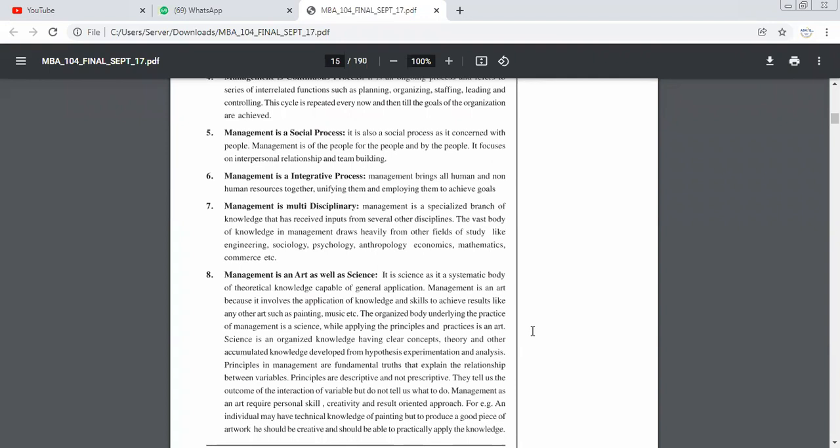Even in your personal life, suppose you have some money with you, you know how to manage that money. Suppose you are working somewhere and you are getting some amount, and you think that amount is not enough for you. So you will try not to make more expenses, because you are getting a lower salary, and we have to make a proper budget within that salary. So you will also take steps of management activities only.